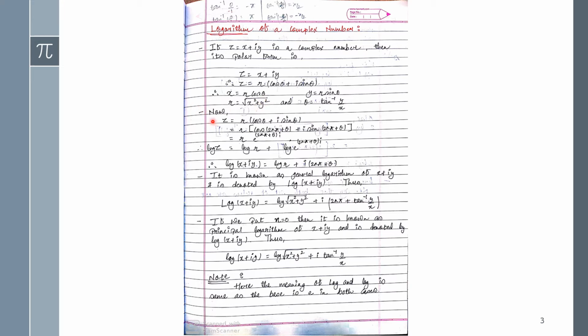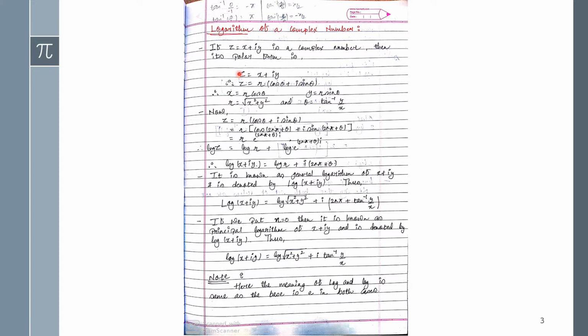Now you know very well that we have z equals r of cos theta plus i sin theta, that is, r cis theta. In the method of root of complex number we applied 2k pi in the angle, but here I am applying 2n pi plus theta.